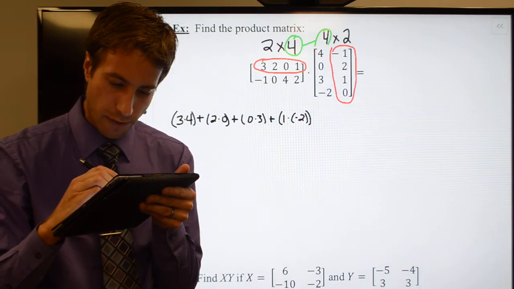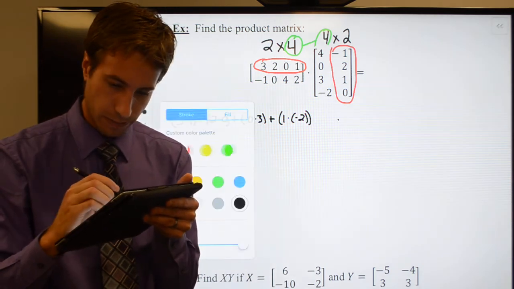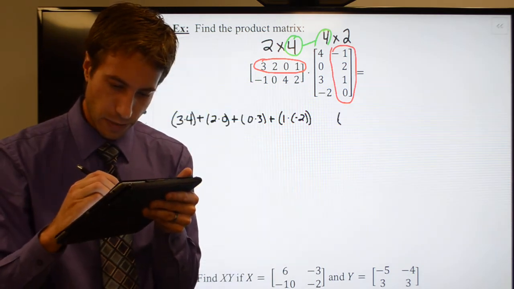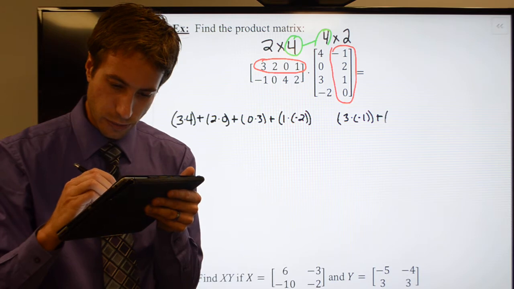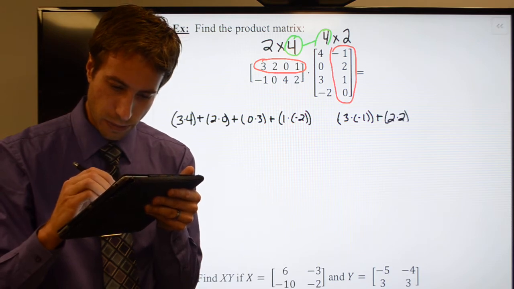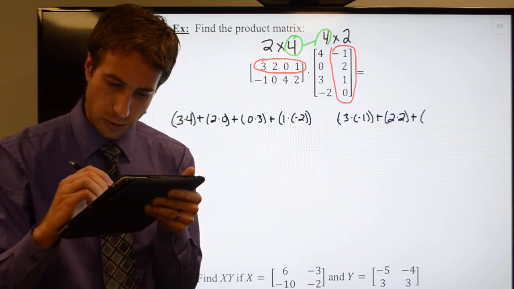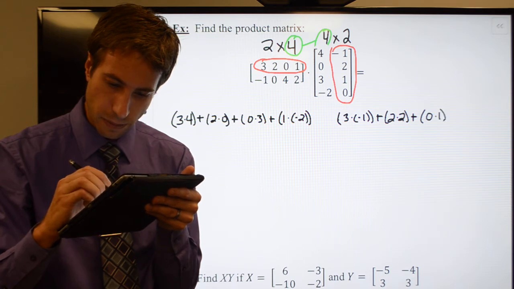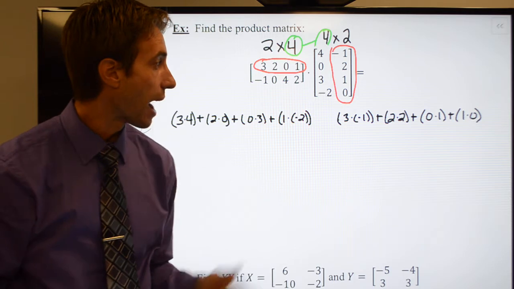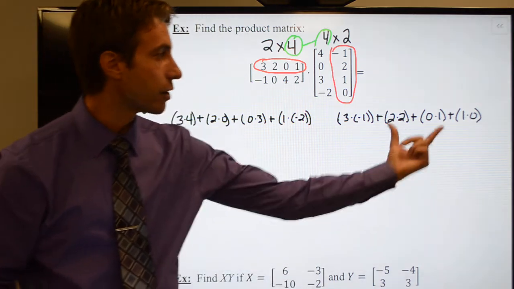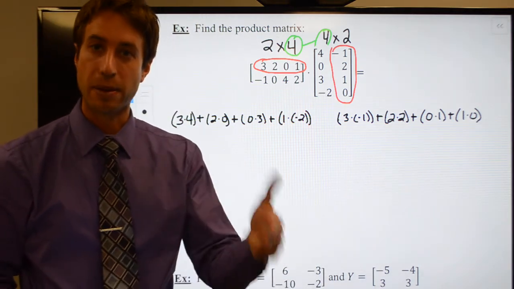So 3 times a negative 1 plus 2 times 2 plus 0 times 1 plus 1 times 0. I'll add all those together and it'll give me the element in that position.